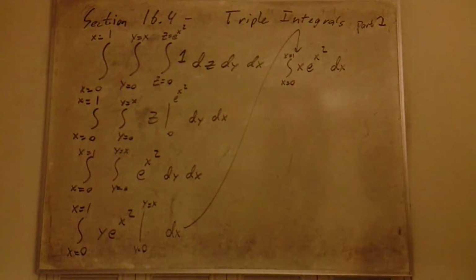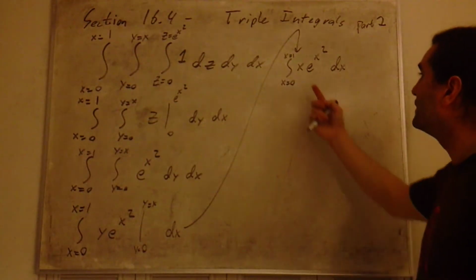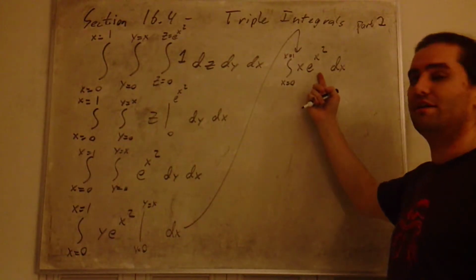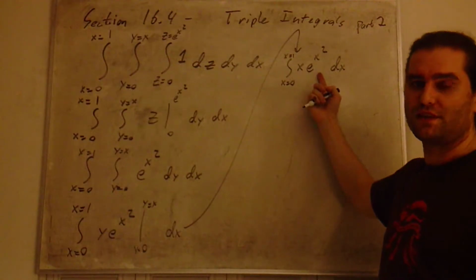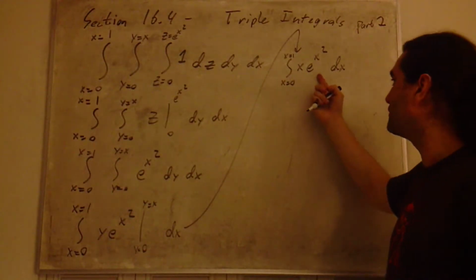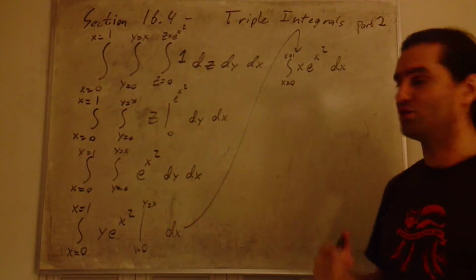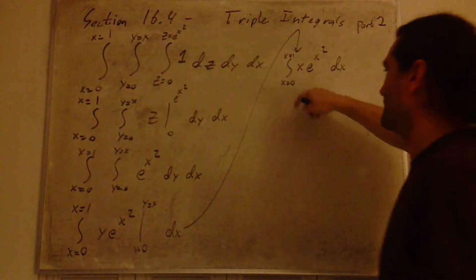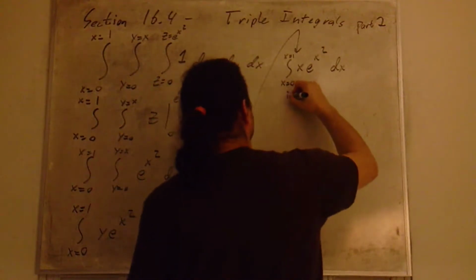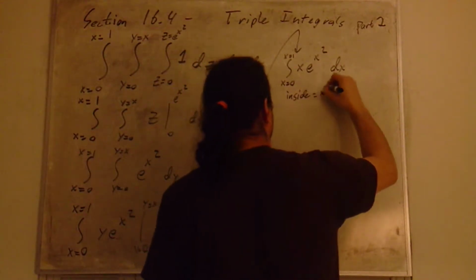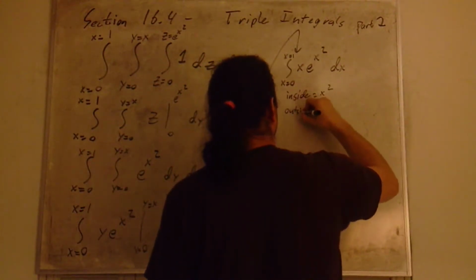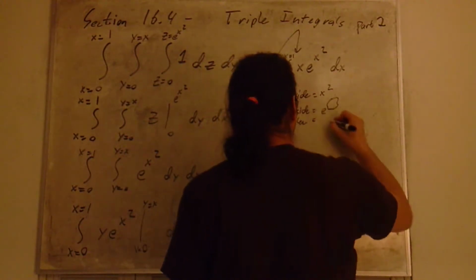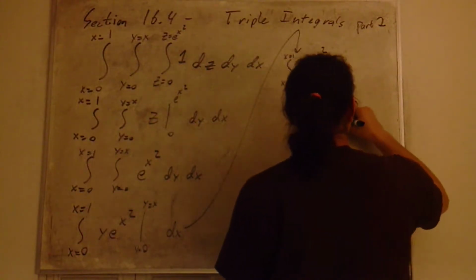Which is good for us because until we had this x here, this was not integrable. This is an inside-outside problem. We have a composite function, and in order to integrate it, we need to have this x on the outside. So the inside is x squared, the outside is e to the blob, the other is x dx.